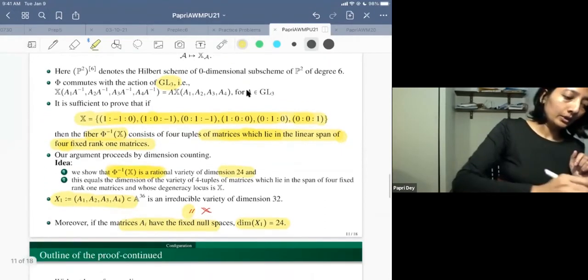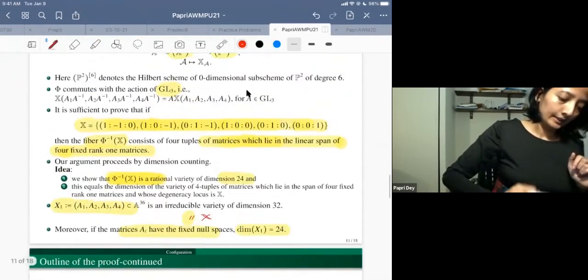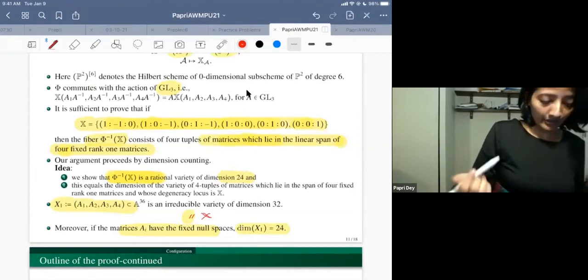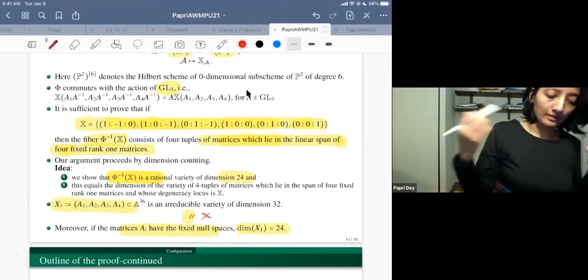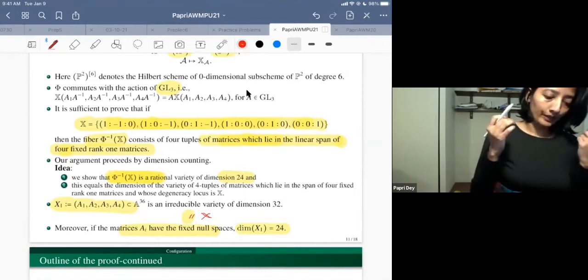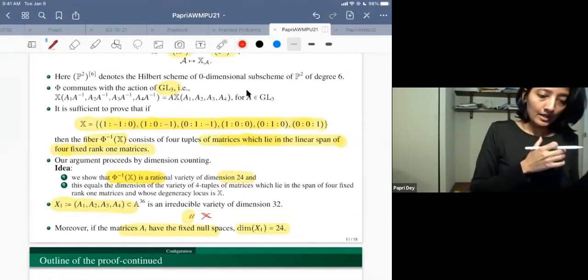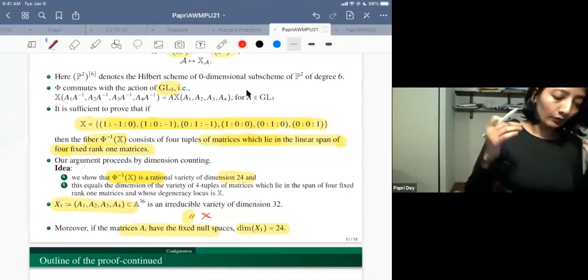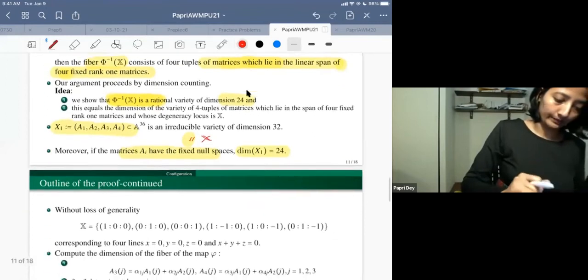So we can conclude our desired result: if we start with a degeneracy locus of 6 points which has quadrilateral configuration, then we get matrices which are in the linear span of 4 fixed rank 1 matrices.